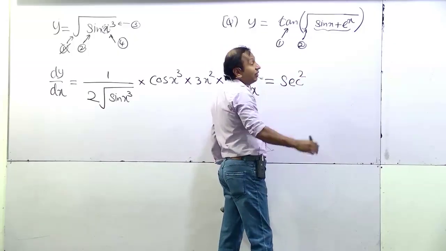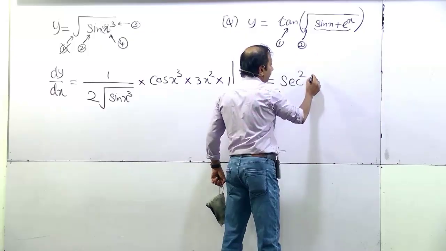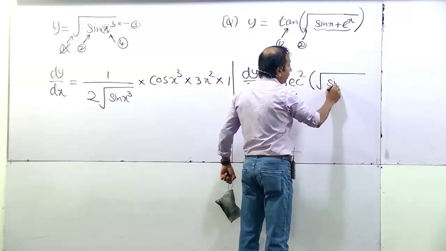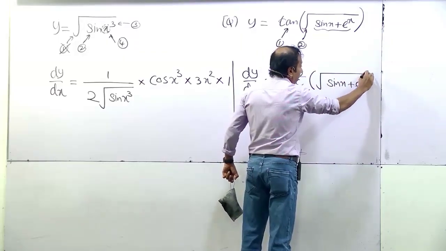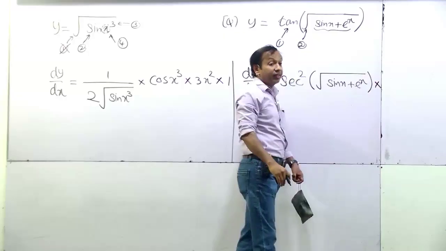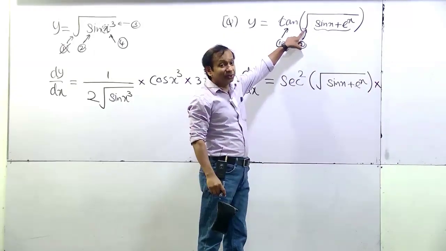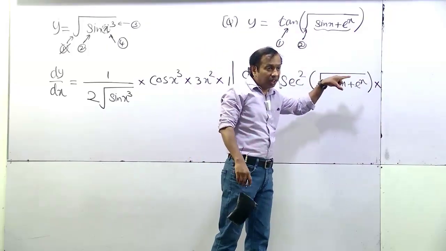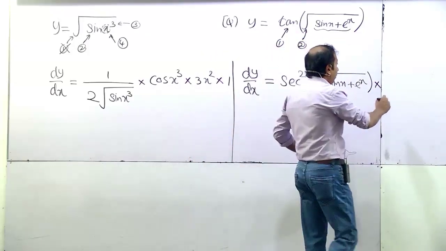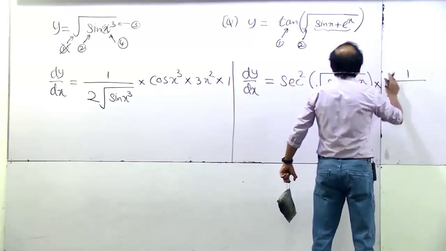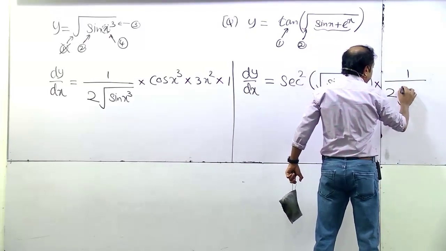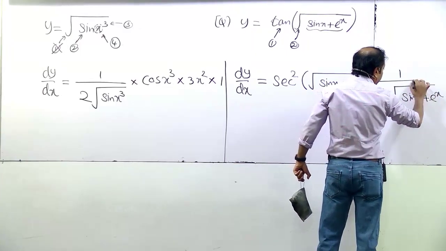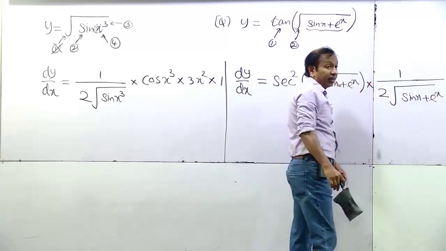Sec squared what? After tan, what do you have? This whole thing, sin x plus e^x, multiplied by. Second one is the root. We know what is the derivative of root? 1 over 2 times the same thing. Multiplied by.